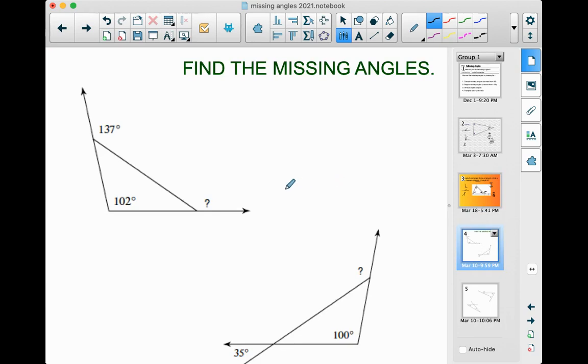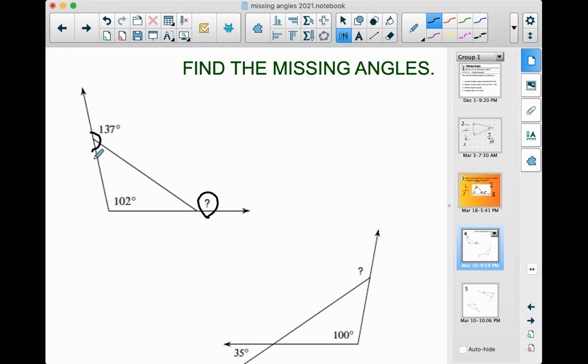All right, so let's look at this one. So this is the angle that I'm trying to find. Okay, so if I figure out what I can do, I look at my list. I do have a triangle, but unfortunately, I only know one of the angles in this triangle. I don't have any right angles, but I do have a straight line right here.